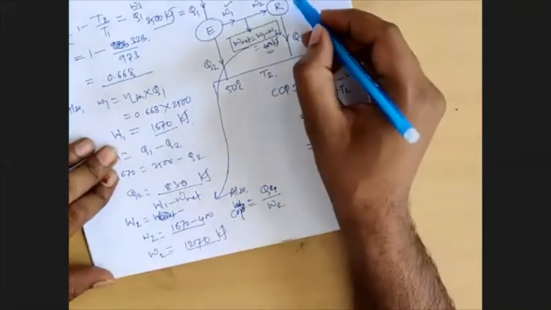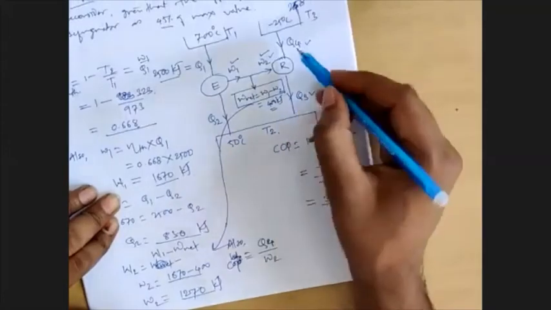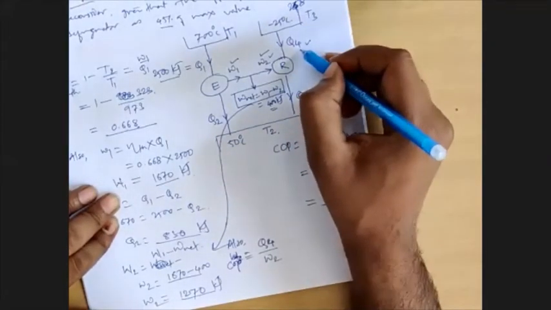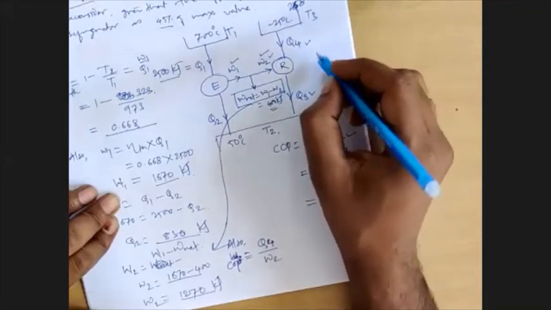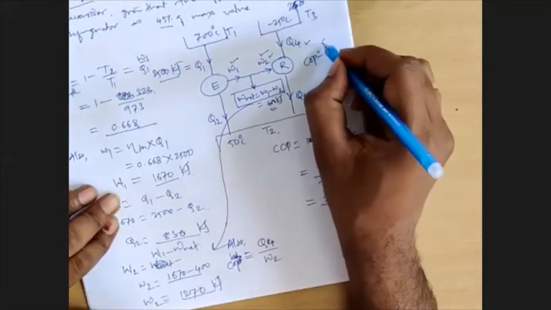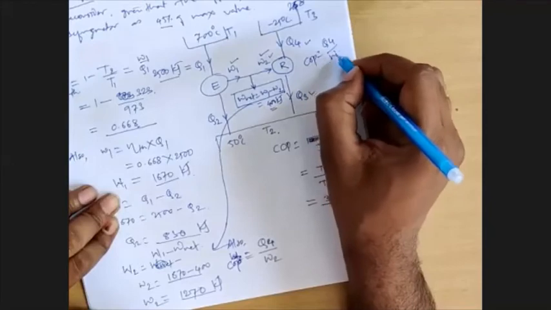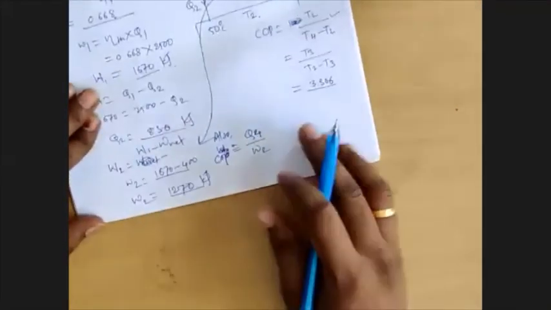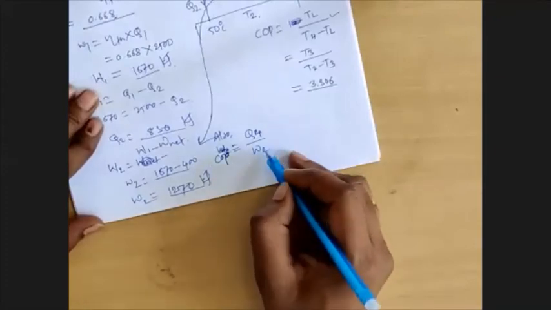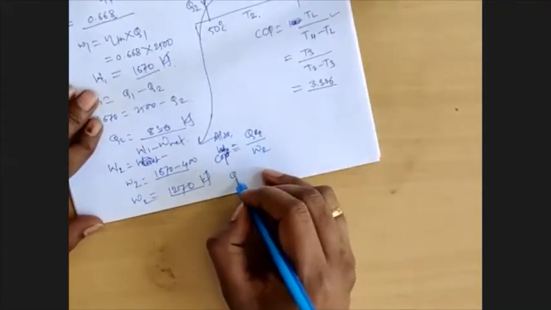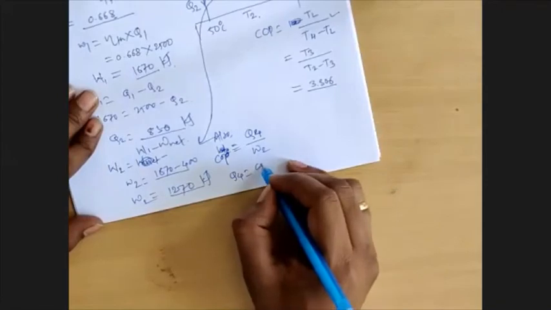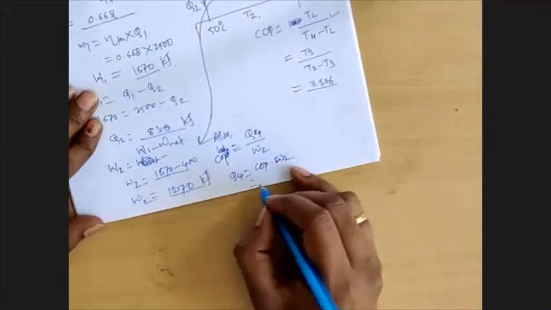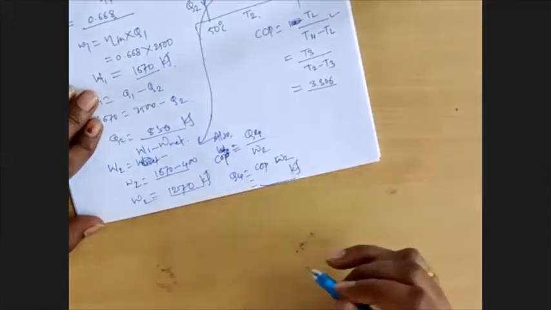You can see here, this is the desired effect because this is the desired temperature and desired heat interaction. So the relation of COP will be equal to Q4 by W2. W2 is the work requirement of the refrigerator. So COP is equal to Q4 by W2. Therefore, Q4 is equal to COP into W2.